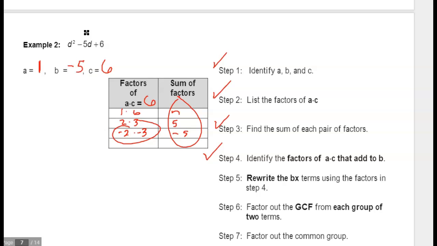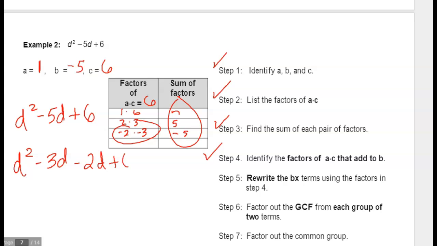And then it says rewrite the bx using the factors in step 4. So what you end up doing is we're going to take this d squared minus 5d plus 6, and we're going to just write it as the following. D squared. And it doesn't matter which one you put first, but we're going to put minus 3d, minus 2d, and then plus 6.